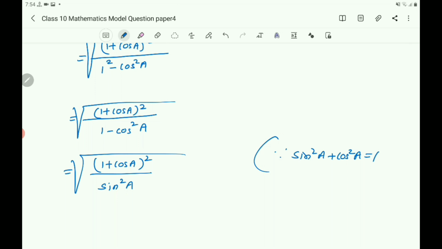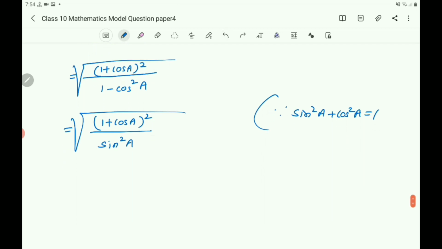So 1 minus cos square A becomes sin square A.